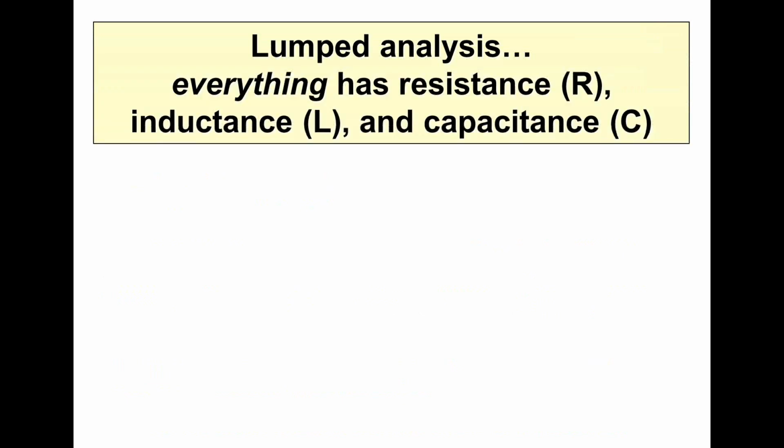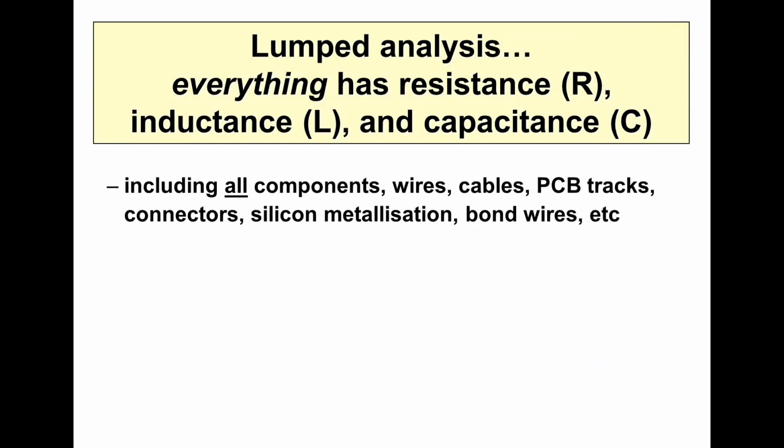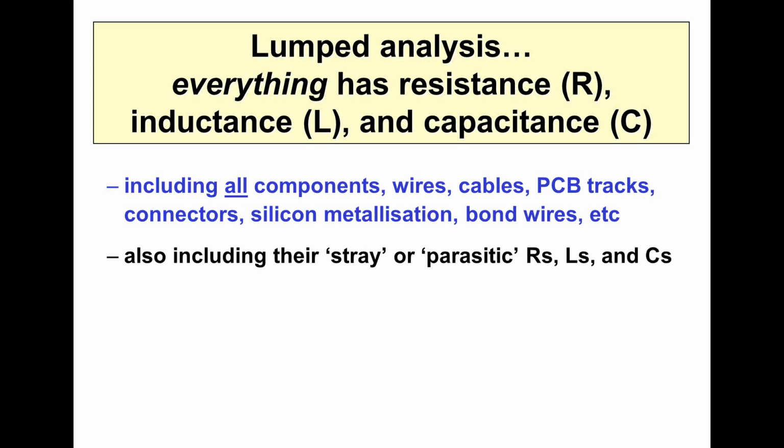So looking at the lumped analysis, remember less than lambda over 6, we find everything has resistance, inductance, and capacitance, including all the components, wires, cables, PCB traces, connectors, bond wires, lead frames, even the silicon metallization. Nothing escapes, including the stray or parasitic Rs, Ls and Cs.